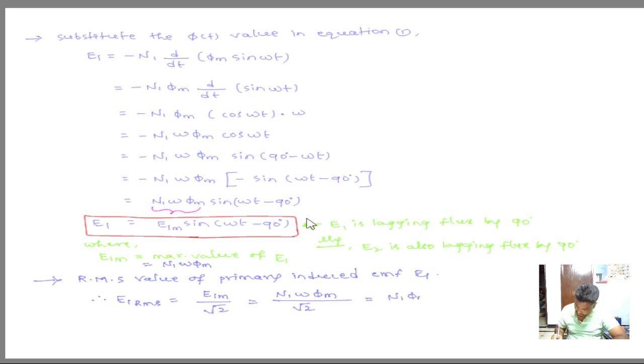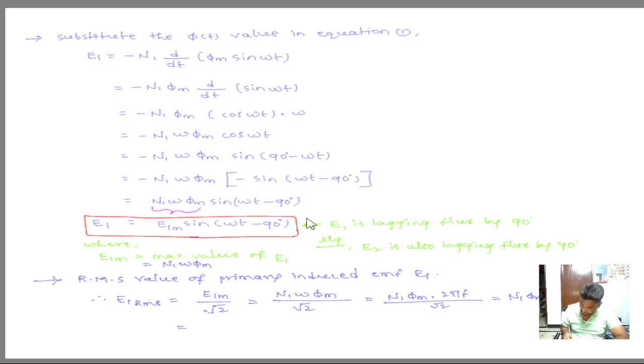We are writing omega as 2 pi f, so N1 phi m f into 2 pi by root 2.